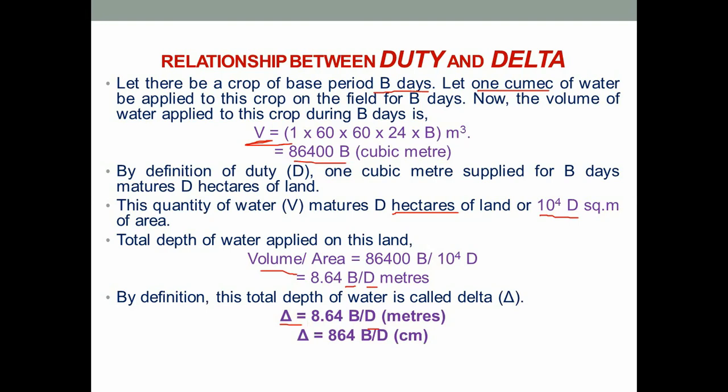Next, we have converted this from meters into centimeters. Delta is equal to 864 B upon D. Here delta is in centimeters. B, the base period, is in days, and D is duty in hectares per cumec. So these three values have different units, but the final answer we get is in centimeters.